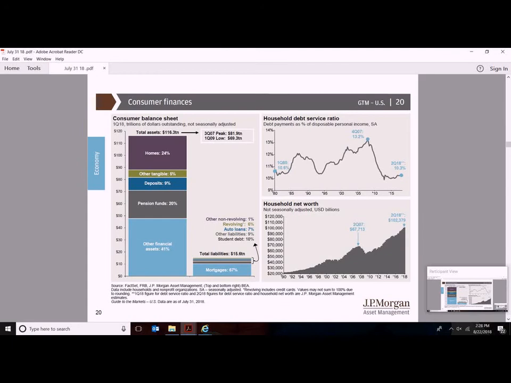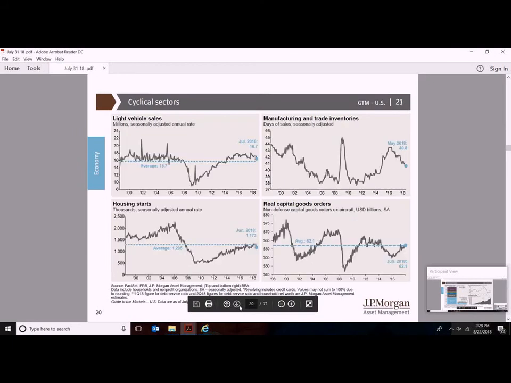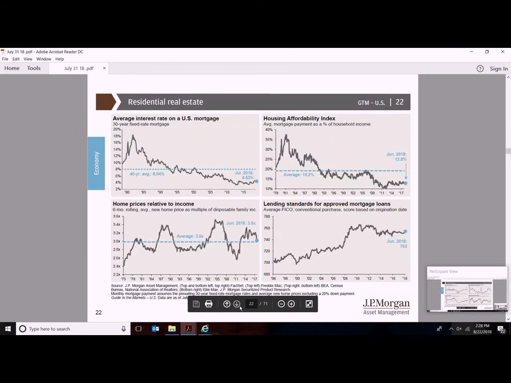It's really been in this 10 range since probably about 2011. So consumers are probably more careful about debt and holding it steady in this range, which is good.